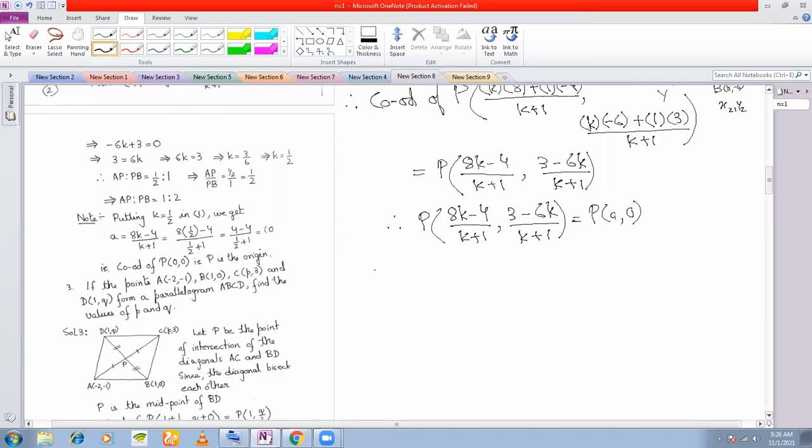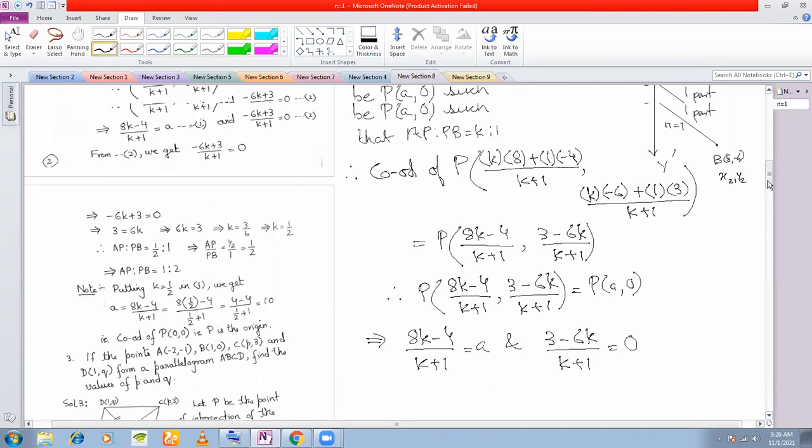So that means (8k minus 4) by (k plus 1) must be equal to a, and if you equate the y coordinates, you get (3 minus 6k) by (k plus 1) is equal to 0. Okay. Now, what is the question here?